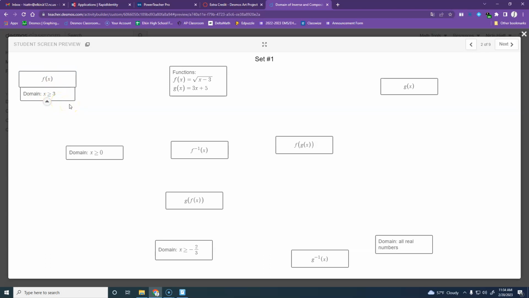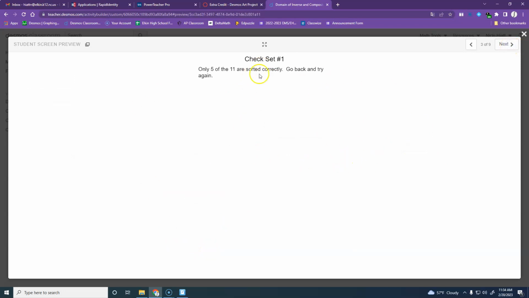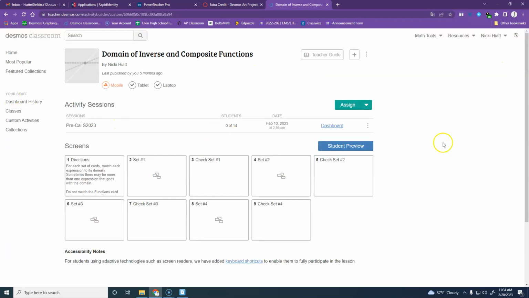Some of these you'll be matching like 3 or 4 together, right? So like all real numbers, that's the same as negative infinity to positive infinity. That goes with g of x. You might have another one that ends up there. You might not. But you'll just sort these out. And it'll tell you how many you've got right on the next one. So try those tonight.